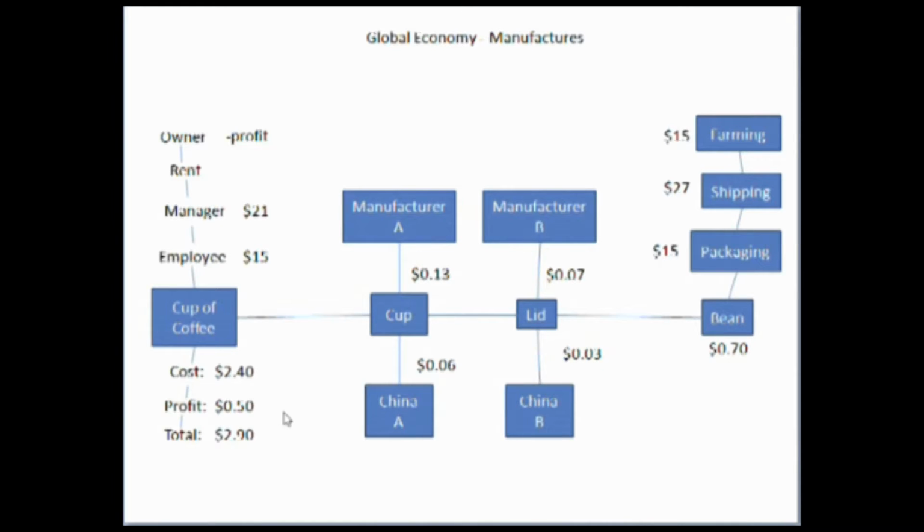The problem is that these companies, people aren't buying from them anymore. So they're starting to lose money. And so they go out of business, because now everybody's buying from these Chinese companies.